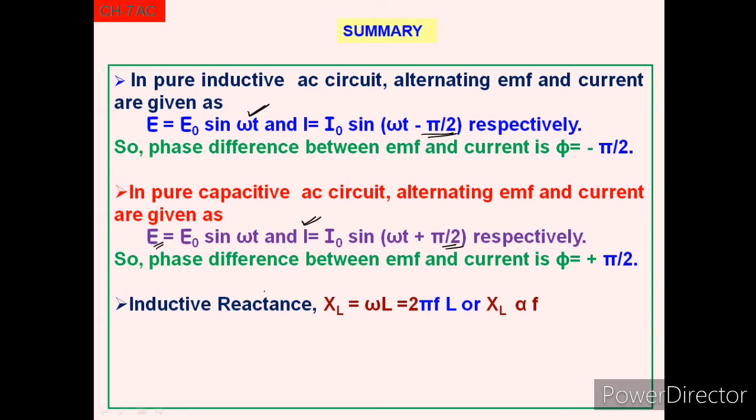Then in the case of inductive reactance, we found the formula XL is equal to omega L, or that is equal to 2 pi fL, so XL is directly proportional to frequency.